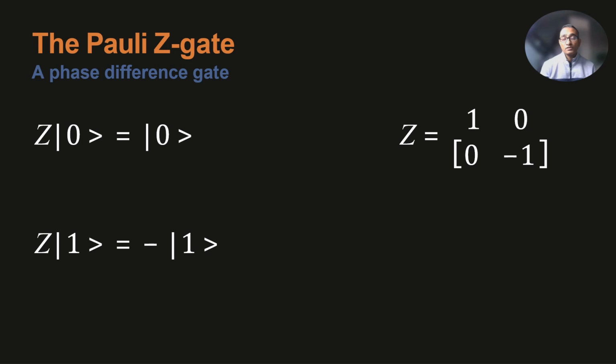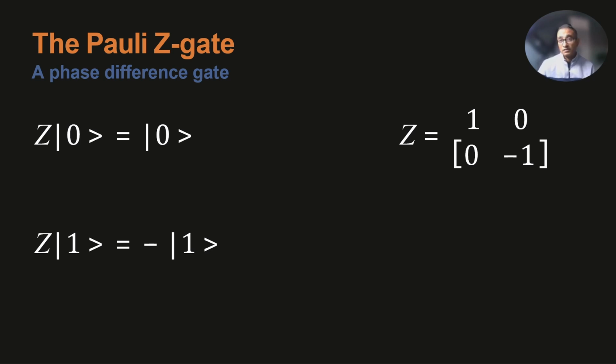Now, there is nothing called a minus 1 state. The minus sign here represents that the phase has changed from input to the output. So therefore, the probability distribution for the states will still remain the same, but the phase difference is now being introduced by the Pauli Z gate.